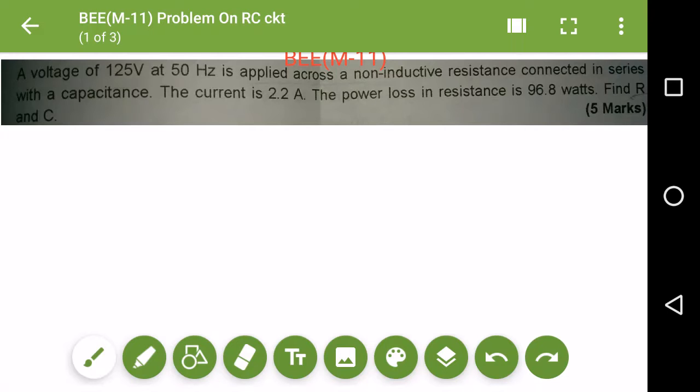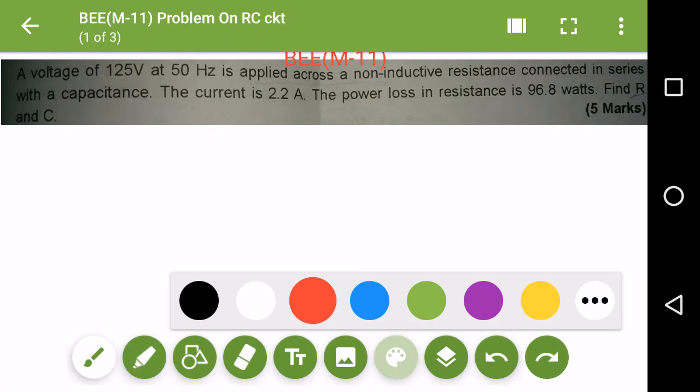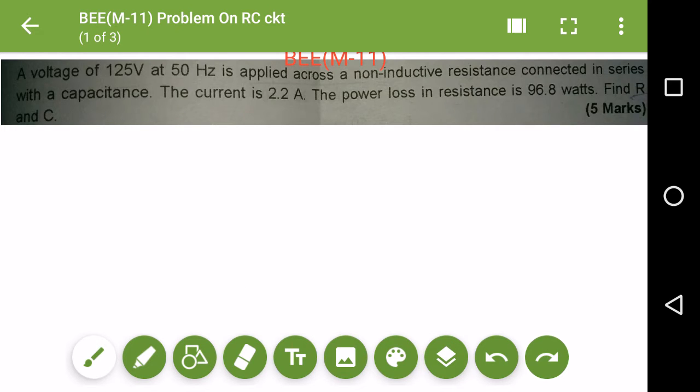Hello friends. Today we are going to see the problem which was asked in the May 2011 paper of BEE. The problem says a voltage of 125 volt at 50 hertz is applied across a non-inductive resistance connected in series with capacitance, and the current is 2.2 amperes.